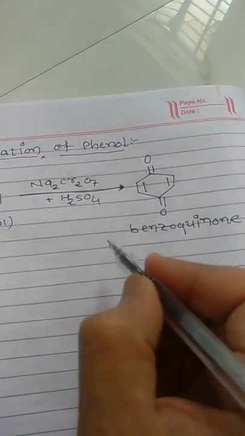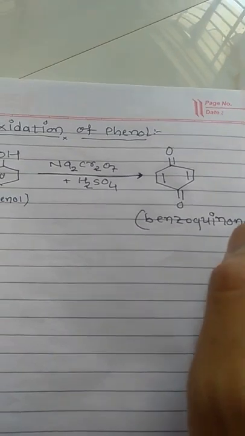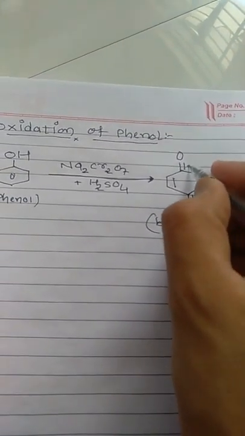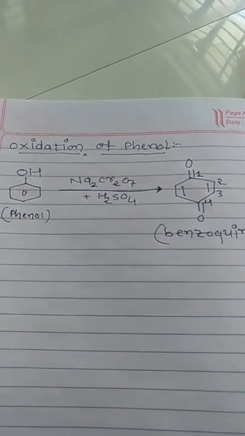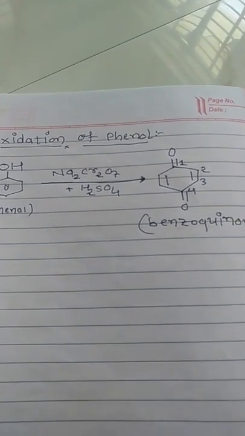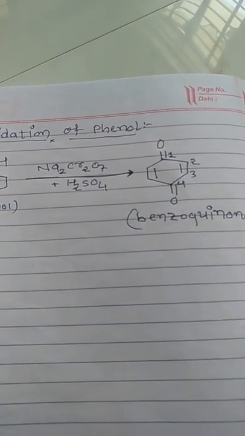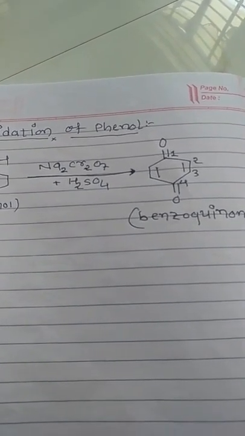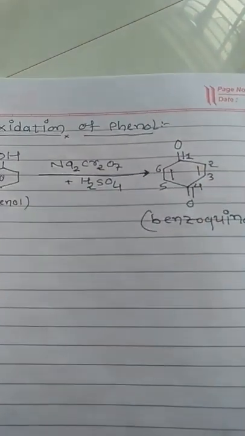This is benzoquinone. But the main question is, what is the IUPAC name of this benzoquinone? We have to give number 1 from here, 1, 2, 3 and 4. Numbers 1 and 4 have two ketone groups. What is our parent compound? Cyclohexane, in which numbers 2 and 5 have double bonds.